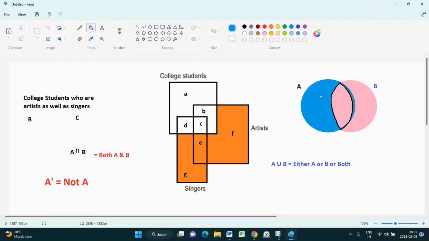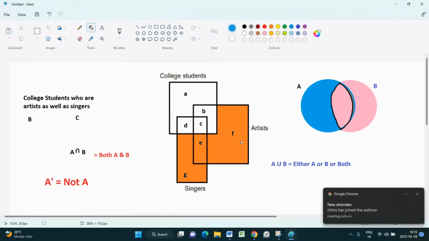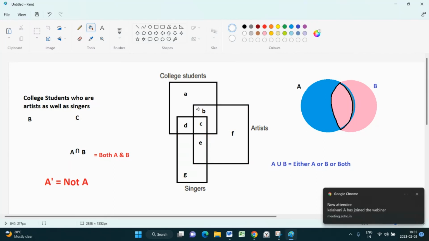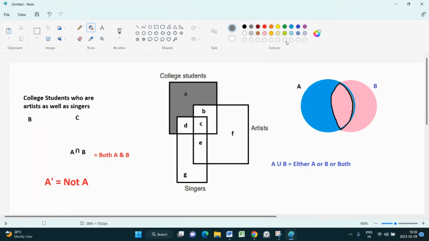This is not B. That's all. Now I want to find out which is not B here. This portion is B. So this is not B. Maybe I will take a lighter shade.